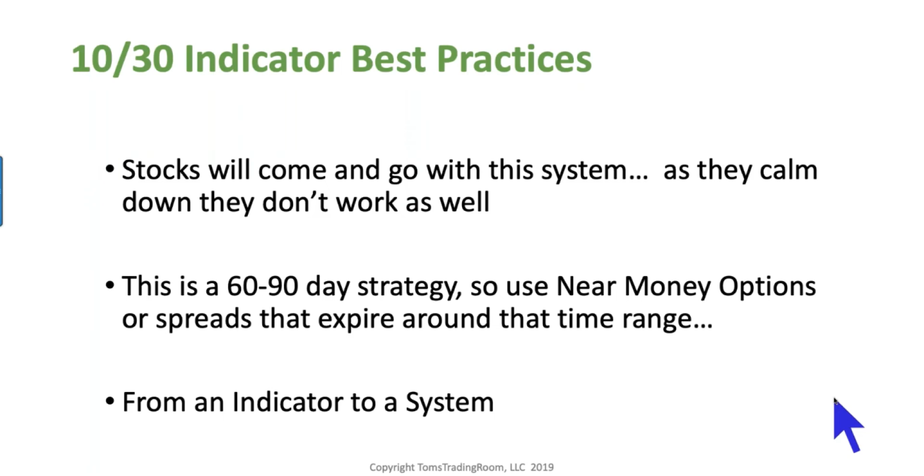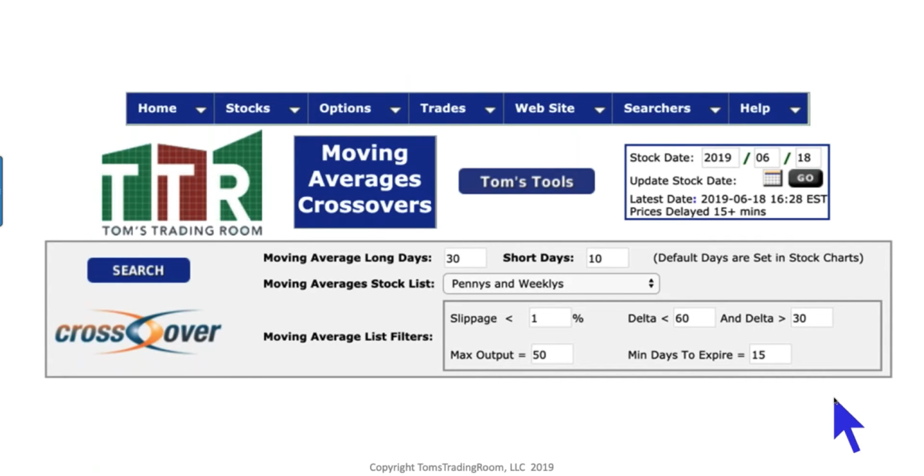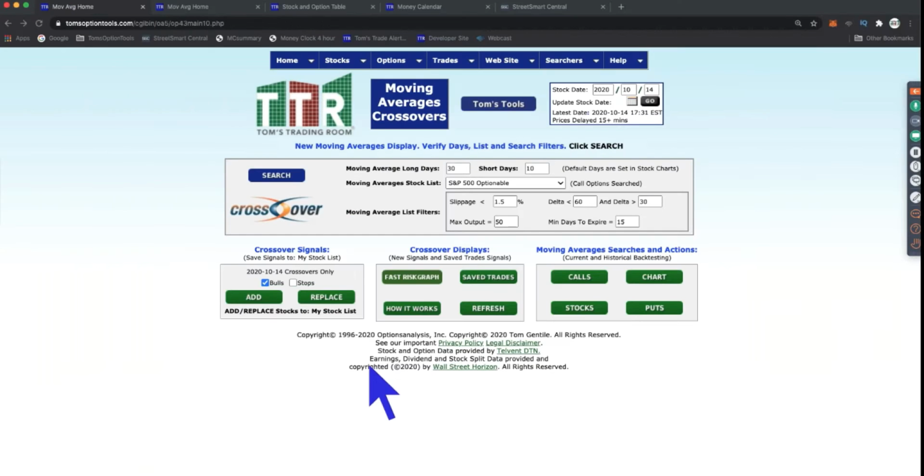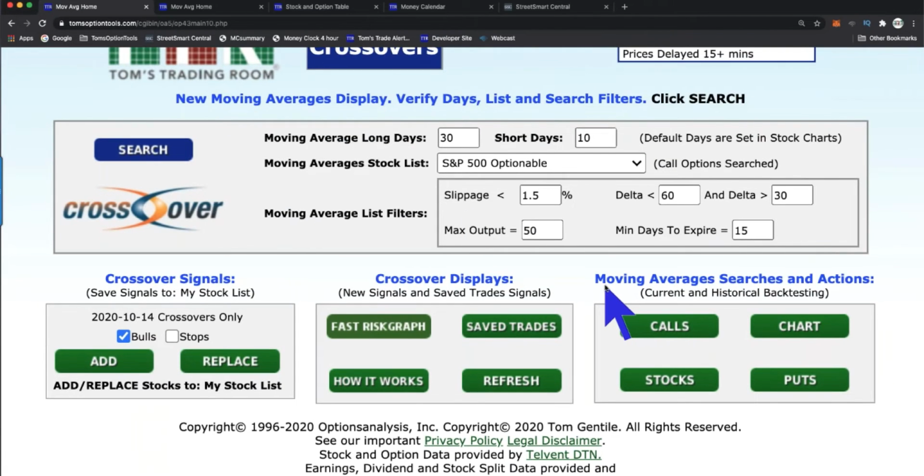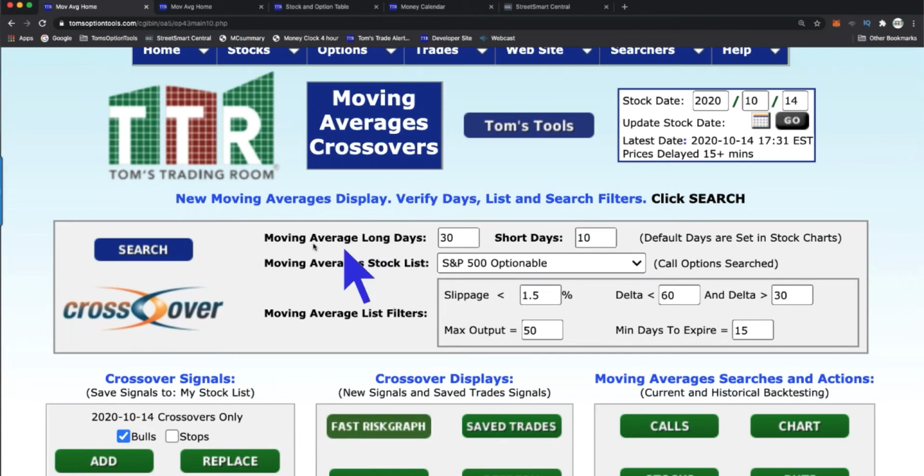All right. And so what we're going to do is take this from an indicator to a system, or at least a scan. Let's call it a scan. So if you remember this moving average crossover piece, let's get on over there because this is what I'm looking at right now. It's already set up for me.